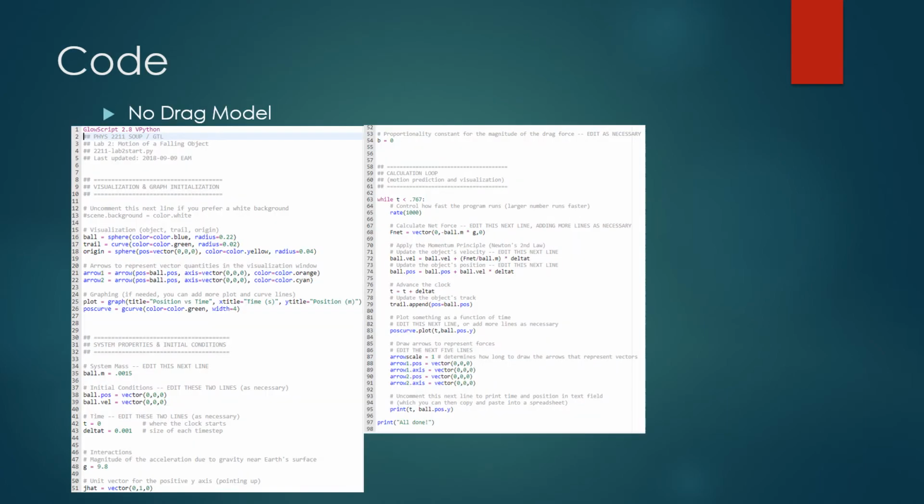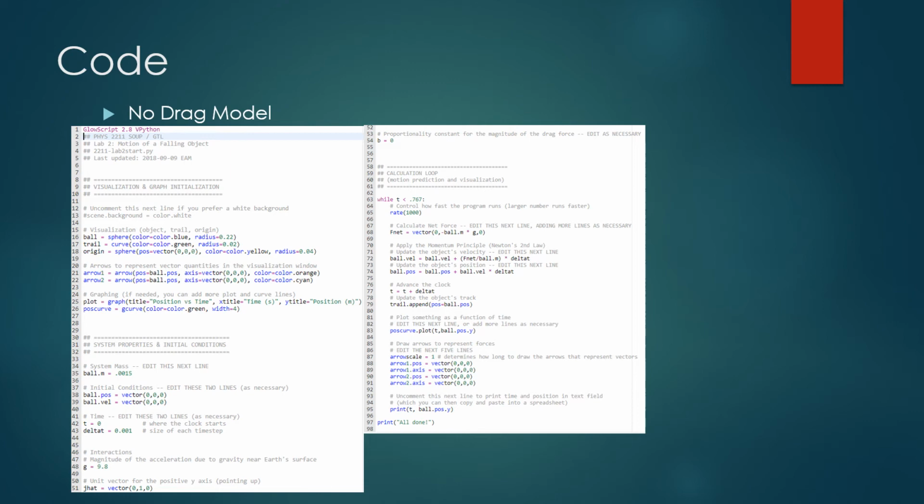This is the code for my no drag model. On line 35, I have set my ball's mass to 0.0015 kilograms, and I set my initial conditions of position and velocity to 0 on lines 38 and 39. Line 43 has a time step, and line 48 has gravity.